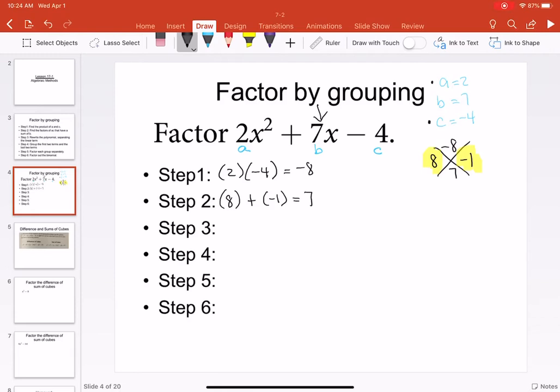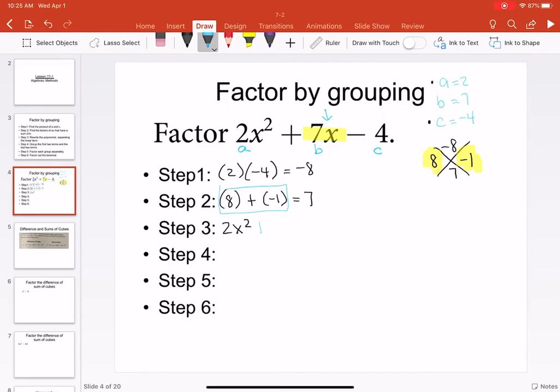All right, so step 3 says to rewrite the polynomial separating the linear term. This is our linear term. So I'm going to rewrite it here, 2x squared, and then our linear term, instead of 7x, I'm going to rewrite it as these two guys right here.